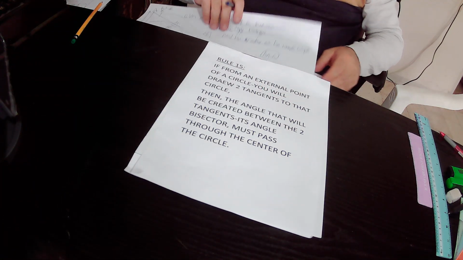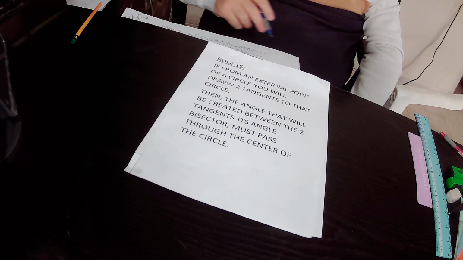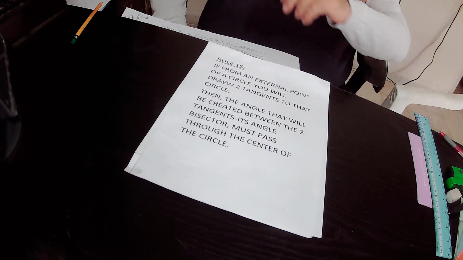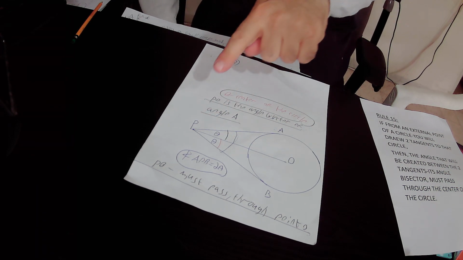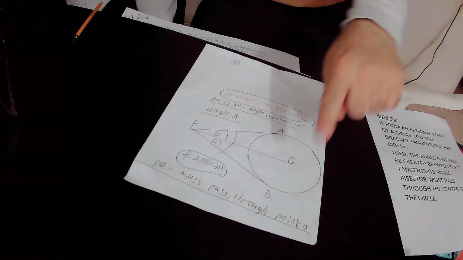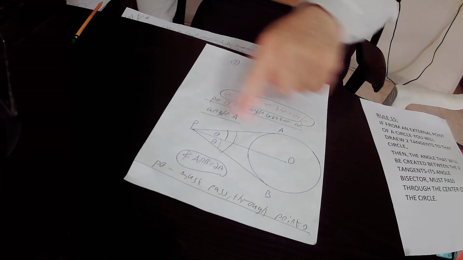According to rule 15, if from an external point of a circle you draw two tangents to the circle. Here we have the external point P. From this common external point P, we drew two tangents to this circle, tangent PA and tangent PB. This way we created angle APB.